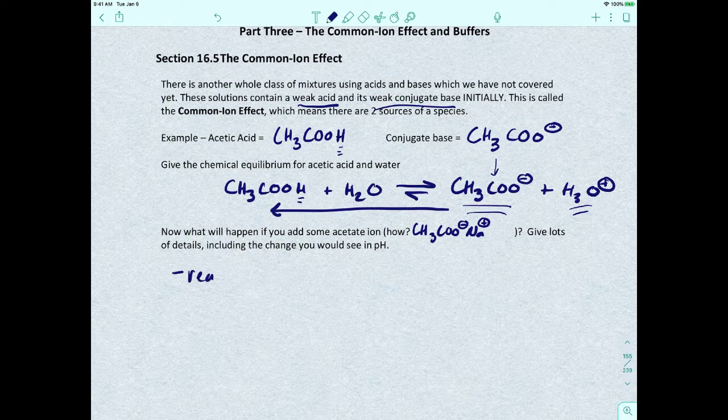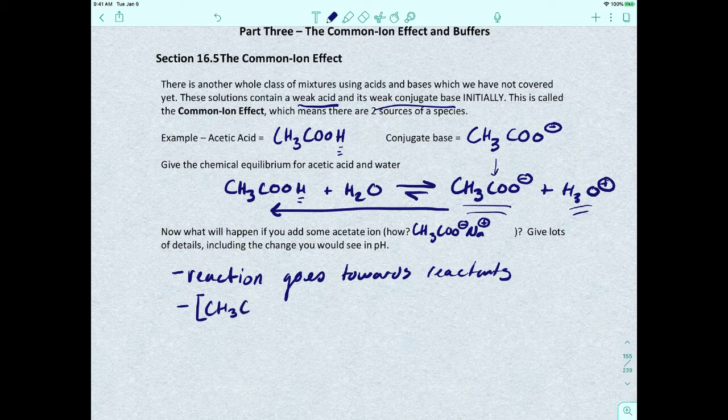So the reaction goes towards reactant formation.